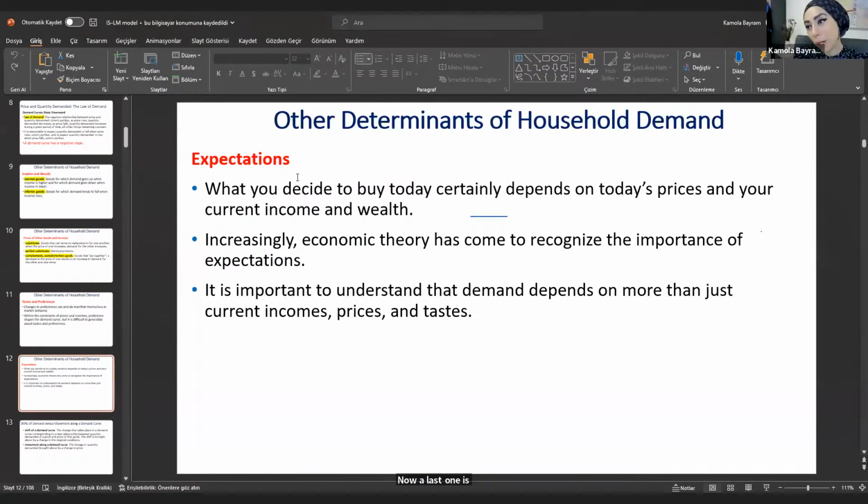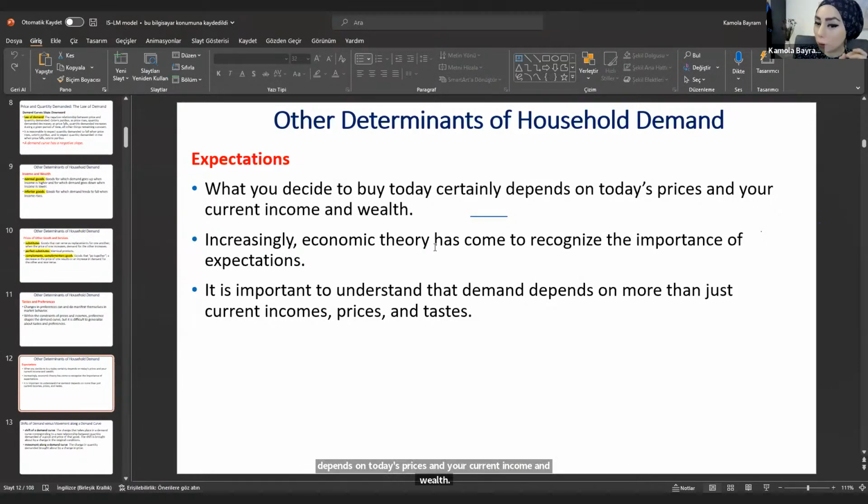After income and wealth, the type of goods or changes in other types of goods, which are supplementary goods or complementary goods, and also tastes and preferences, we came to the expectations. So what you decide to buy today certainly depends on today's prices and your current income and wealth.